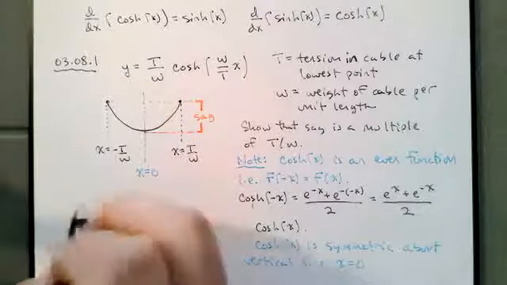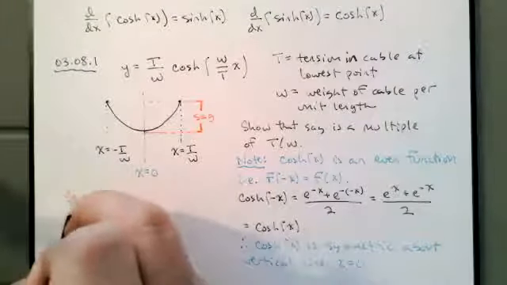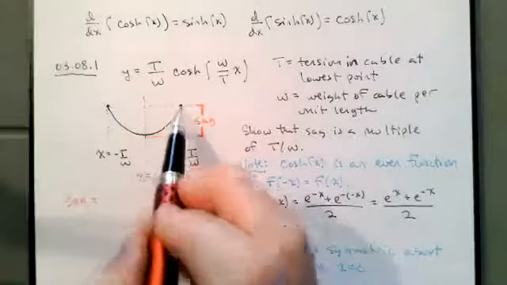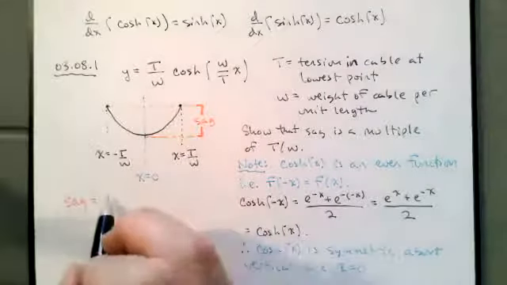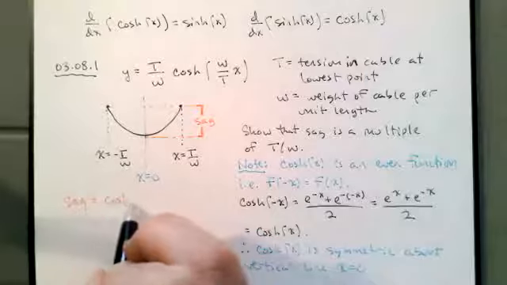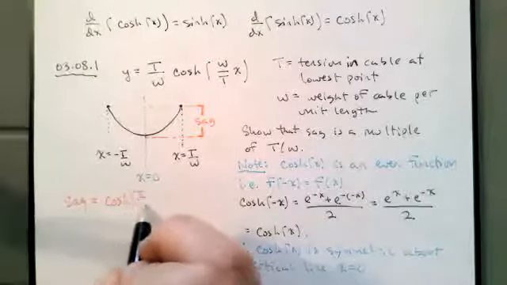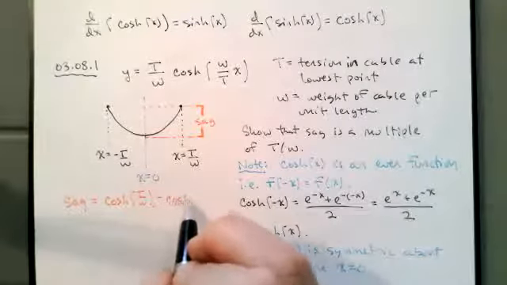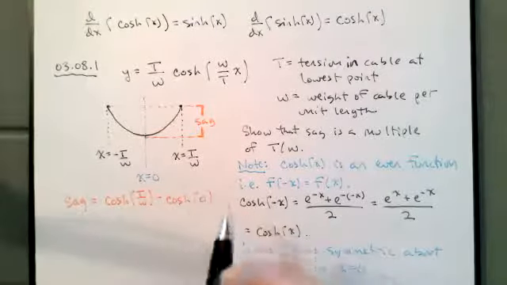So the sag that we're looking for is the difference between the value of the function at t over w and the value of the function at its lowest point, when x is 0.